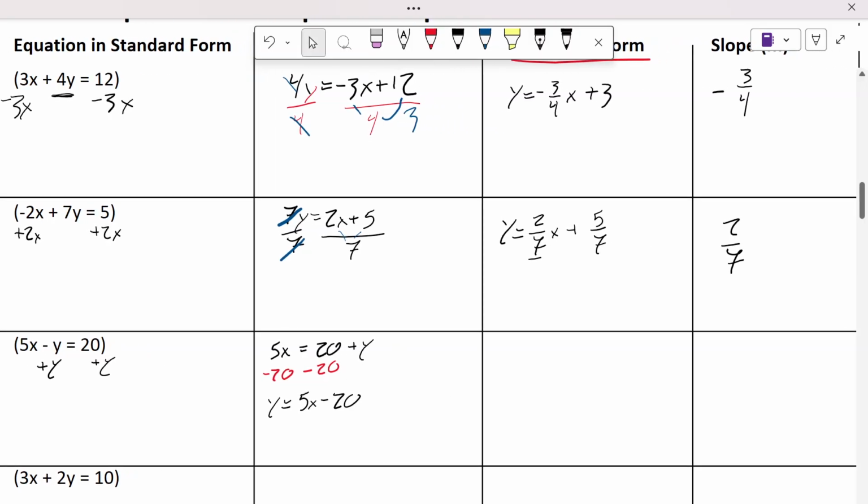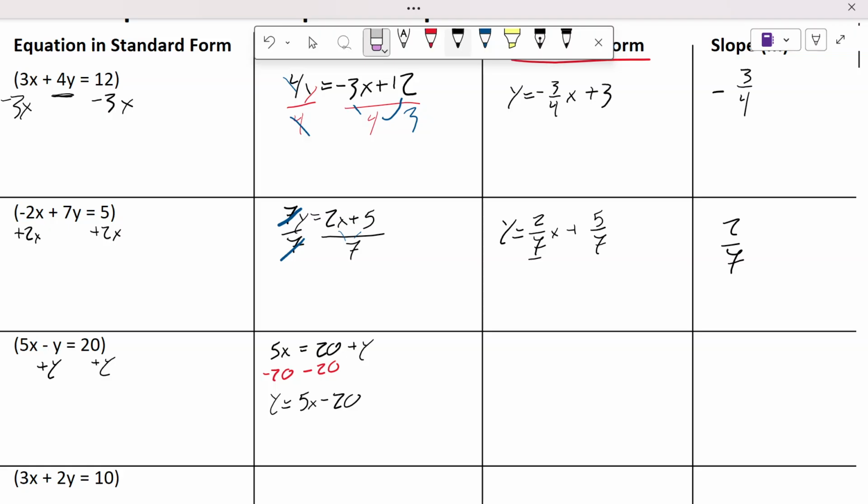And the reason I didn't do 5x minus 20 equals y is because it's the same thing regardless of how you do it. This y on either side is the exact same thing as if it were on this side. They're interchangeable as long as you keep the 20 and the 5 at their initial values, which is positive and negative.